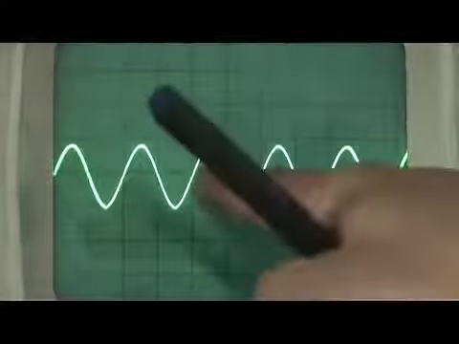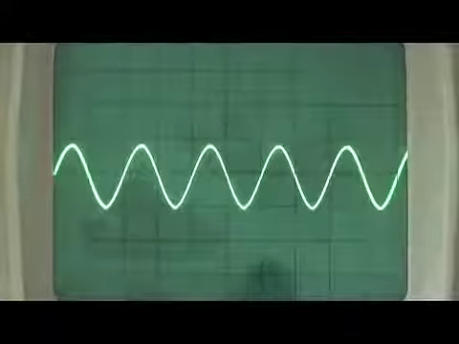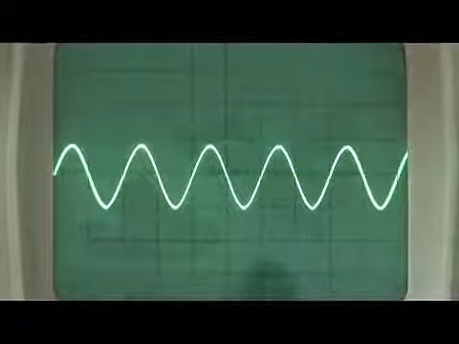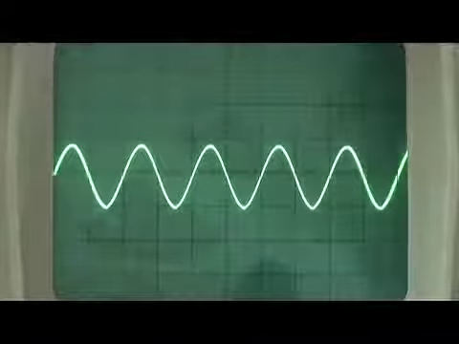What we got is the time period. And we all know the relation between frequency and time period: frequency is equal to 1 by time period. In place of the time period, you can write whatever you got, which is 2 into 0.5 milliseconds. So 1 by 2 into 0.5 milliseconds is equal to 1 by 1 millisecond.